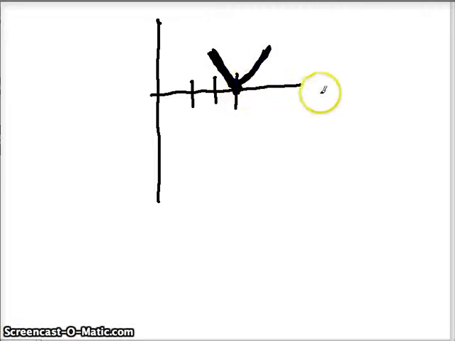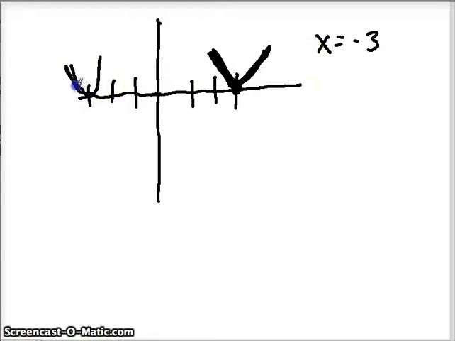It only happens once. We saw that x only had one solution there, negative 3, right? Sorry, negative 3. So we should be over here. 1, 2, 3. There we go. X was negative 3, right? The opposite of what was in the parenthesis. All right, there you go. So we're solving for x.